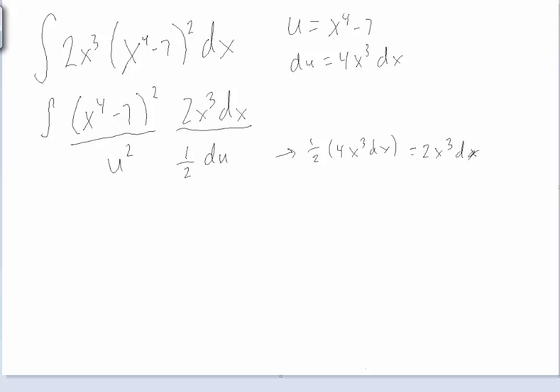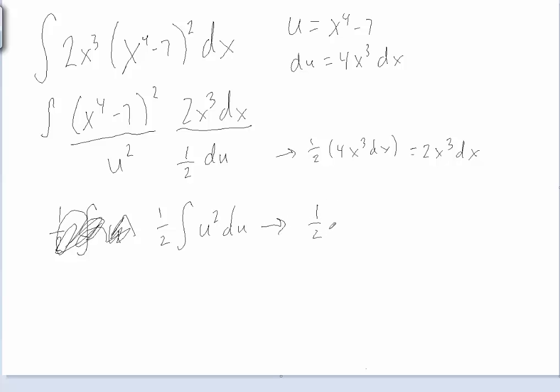Okay, so we're still doing pretty well here. We can just bring out the 1/2. We have u squared, 1/2 u squared du, whose integral is 1/2 times u cubed over 3 plus c.